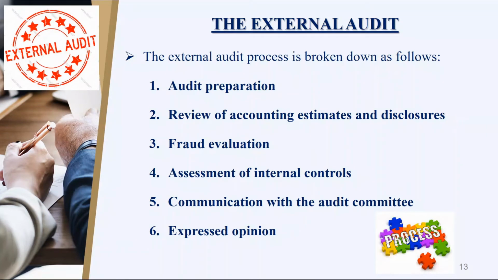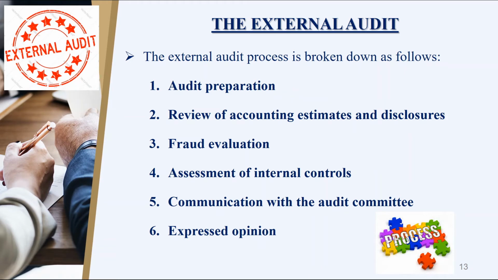In the sixth and last step of the external audit, the ultimate objective of the audit is to express an opinion on whether the company's financials adequately comply with regulatory accounting standards. If the external auditor finds no reason for concern that the financial statements of a company are materially misleading, the firm expresses an unqualified opinion that accompanies the financial statements in the annual report.